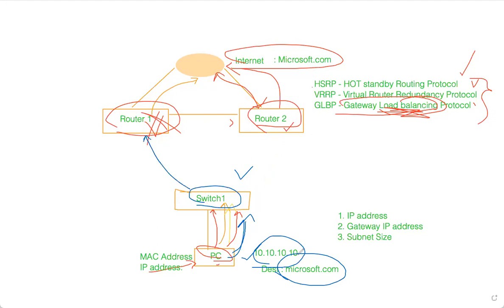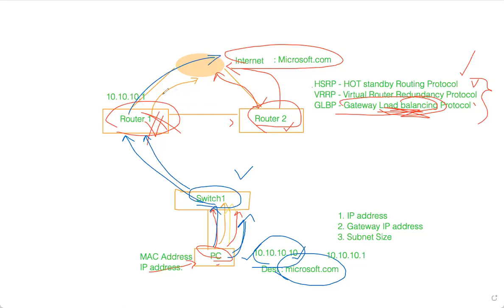If I gave the PC the IP address 10.10.10.10, and the gateway as 10.10.10.1, and configure the same gateway IP address here, the path it takes will always be PC to switch, switch to router, and router to the internet.